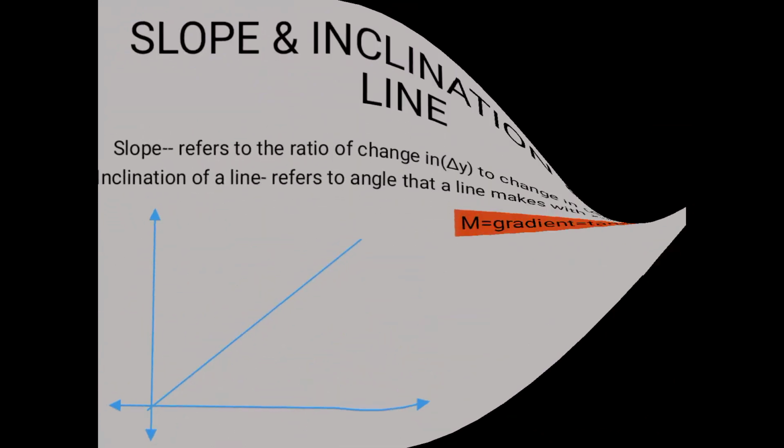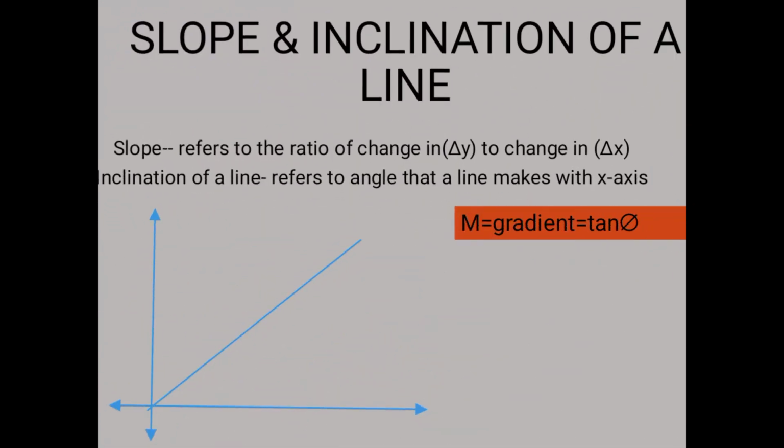Next, the slope and the inclination of a line. What does it mean by slope? Slope refers to the ratio of change in y to change in x, and the inclination of a line refers to the angle that a line makes with the x-axis. The inclination, let's say this angle theta.